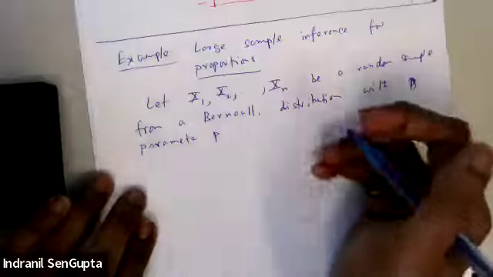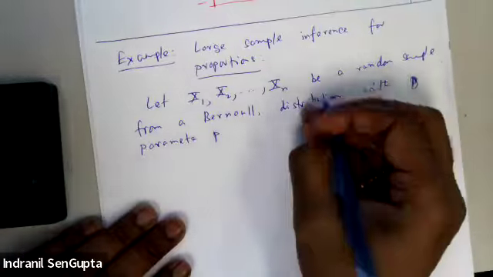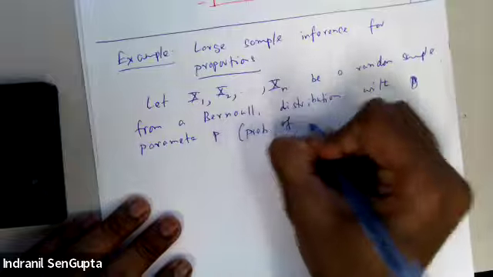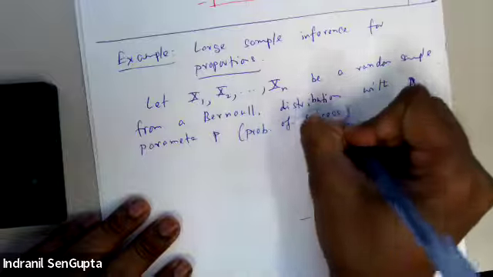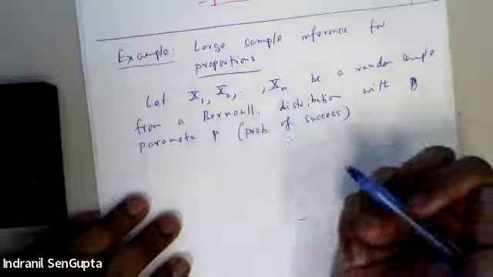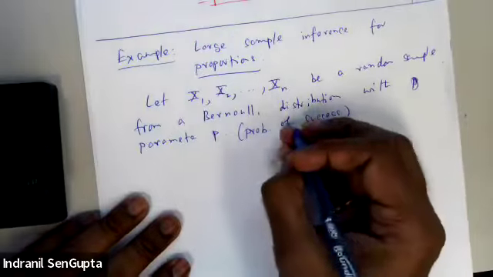That means the probability of success is p. Okay. So that is the probability of success for each of these Xi. For example, you can think that you're tossing a coin, and this is the probability of success, meaning the probability of getting a head.